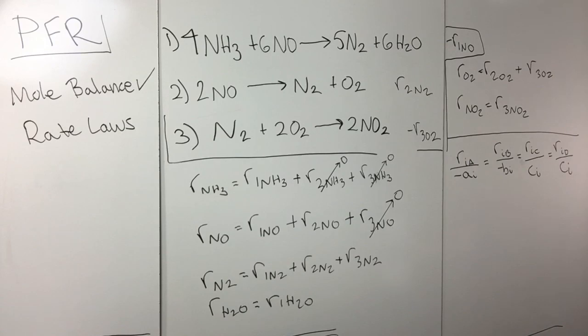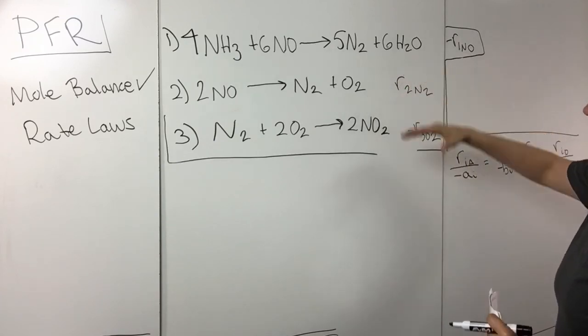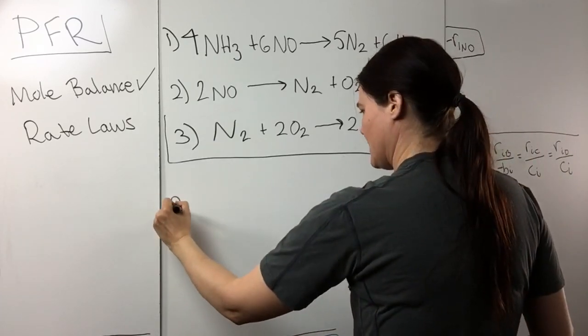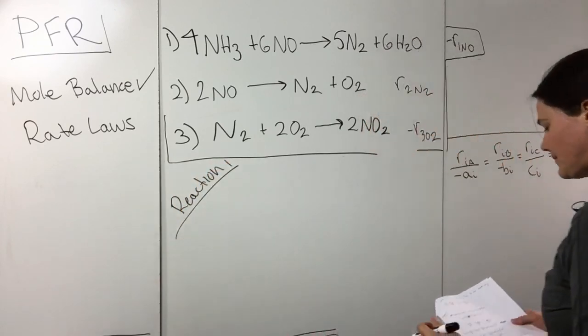So then I think the easiest way to do this is to just go by reactions. I'm going to erase some stuff real quick and then show you how I do this. I like to go by reactions. So this is reaction 1.